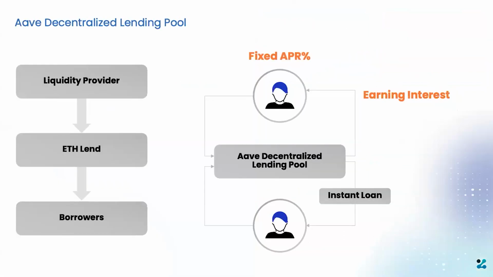So this is the Aave decentralized lending pool, and Aave was one of the leaders here. They started with ETHLend, a startup. ETHLend was a decentralized exchange, but it was based on an order matching scenario.